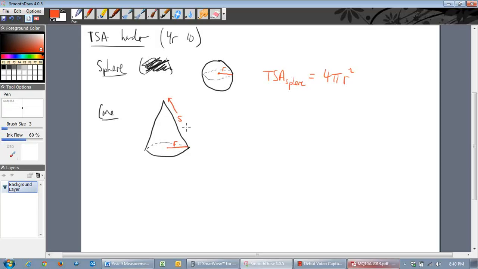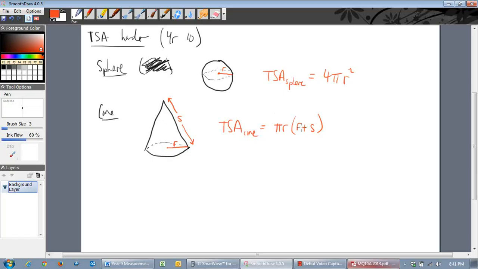That's a new thing. Slant height, which is this diagonal here, slant height s. Then your formula for a total surface area of a cone is equal to pi times r plus s. That's as easy as that.